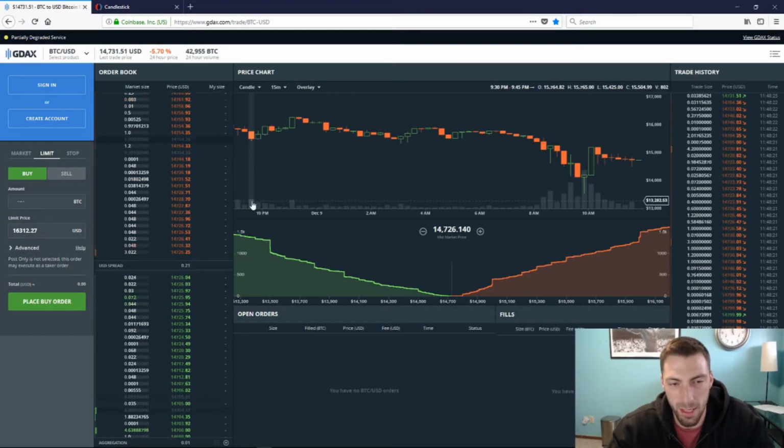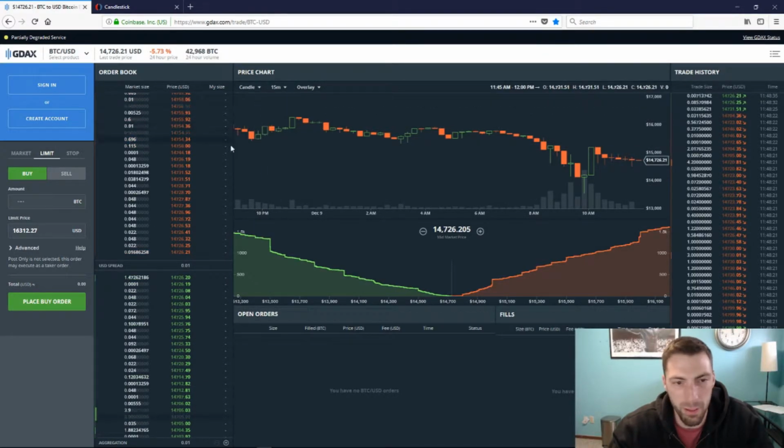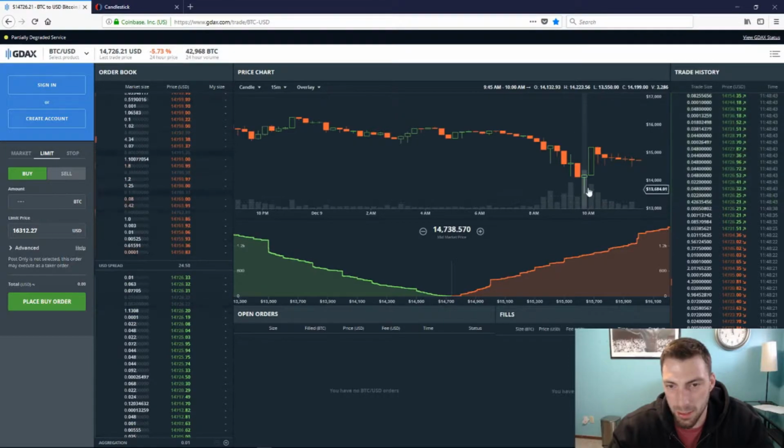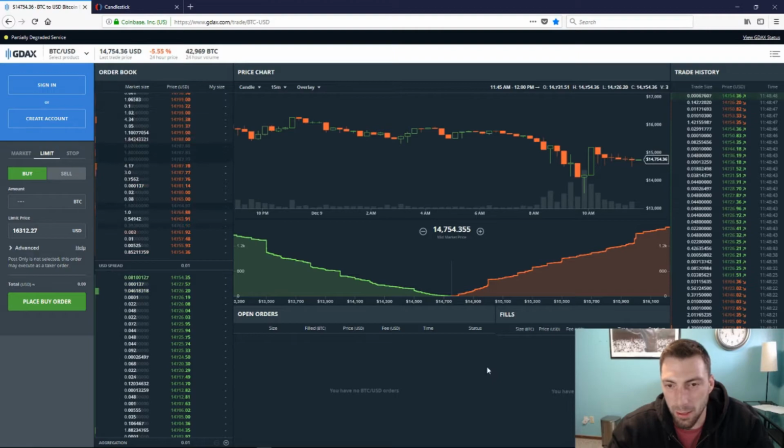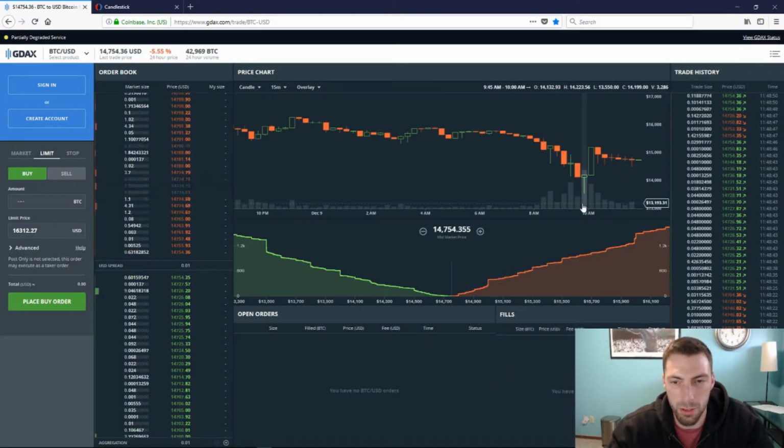And volume again is the amount of Bitcoin that was traded in that particular amount of time. In this 15 minutes, more was traded than here, and in this 15 minutes right here, a ton more was traded than all this time here. And that's basically volume, and you can make basic conclusions on that.